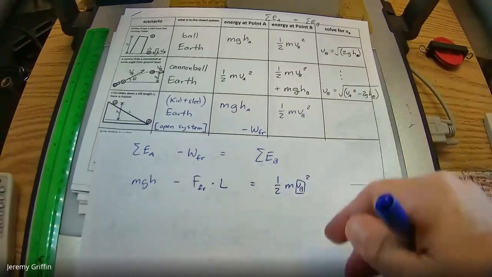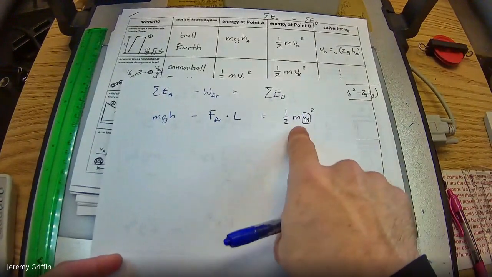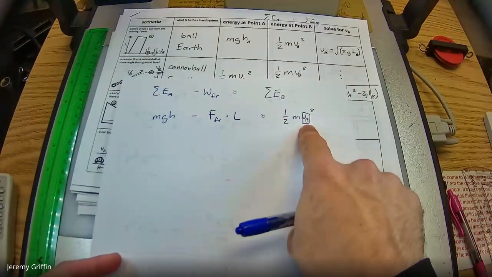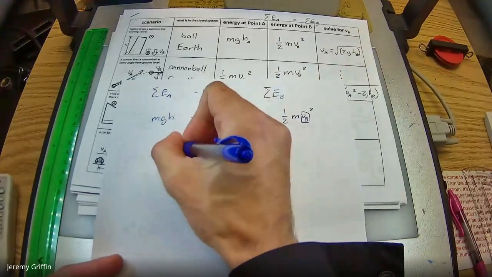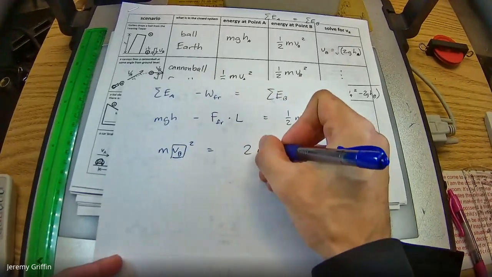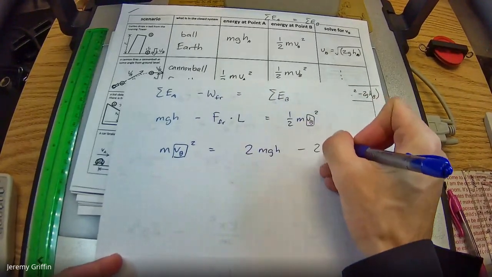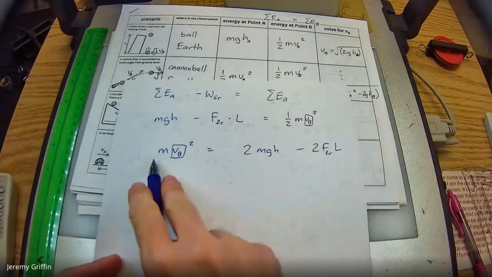We'll just do all the algebra at this point. Just treat friction force as whatever force that is. So to isolate this VB, looks like a few algebra steps. I have to multiply it by 2. So mv squared is equal to 2mgh minus 2 friction force times length. And then divide by m.